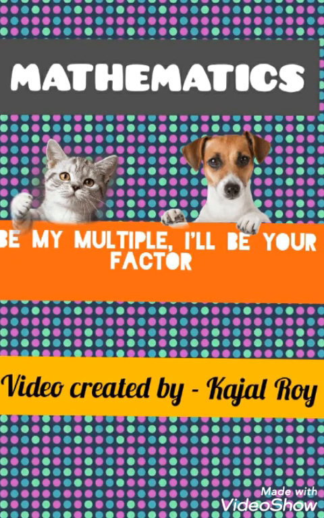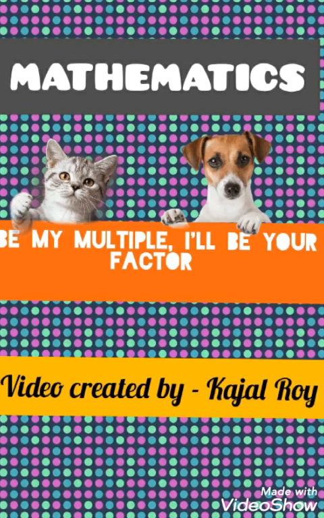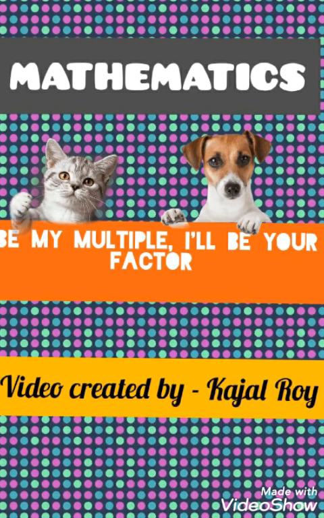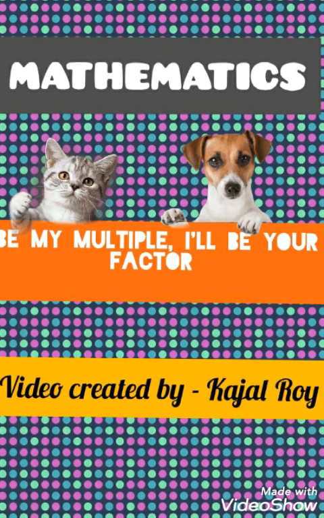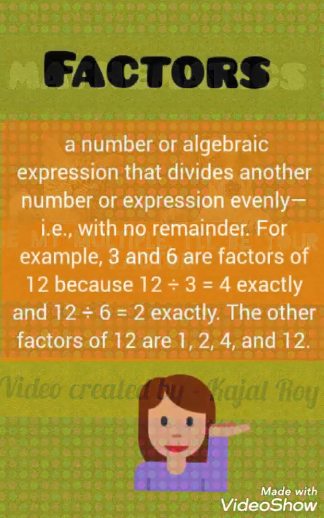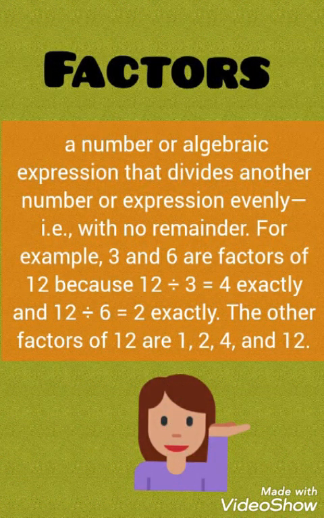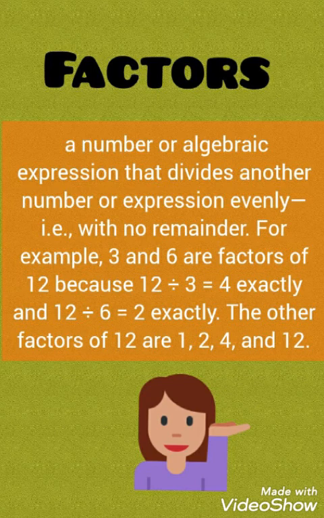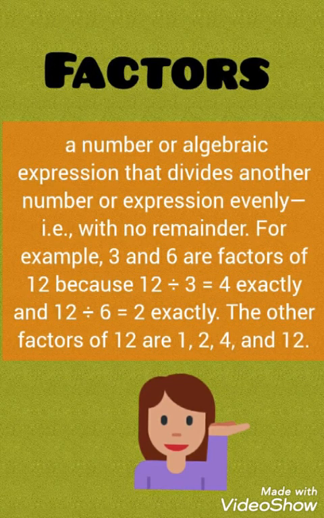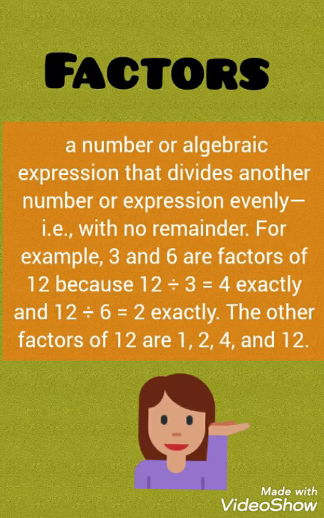And in today's video we will talk more about multiples and factors. Here first we will start with the definition of factor. We have to know what a factor is first. Let's see. A number or algebraic expression that divides another number or expression evenly, that is, with no remainder.